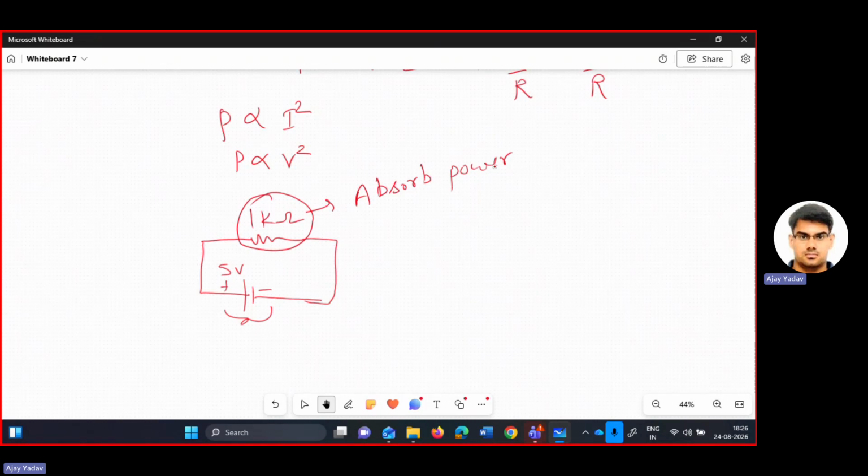When you solve problems, those elements which are absorbing the power are indicated by positive power, but those which are supplying energy or power to the circuit will have negative power.